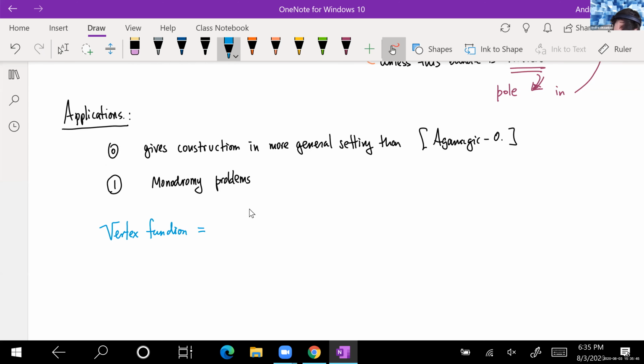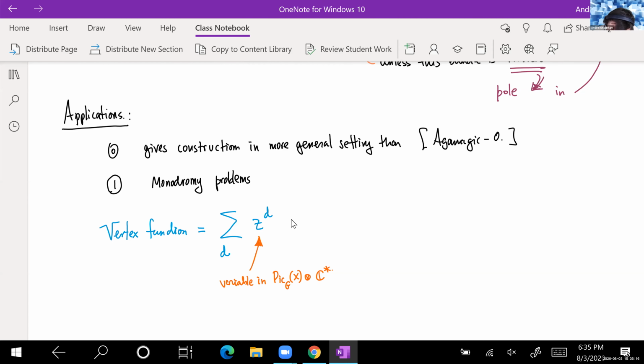This is a sum over all degrees d of z to the d. Here z is a variable in the scalar torus. So I pick G times C star, that scalar torus.